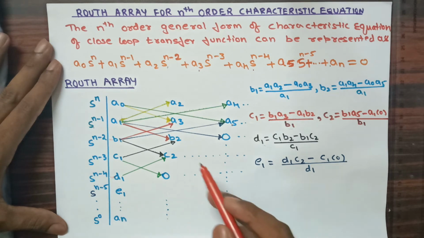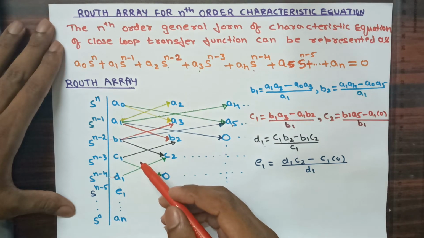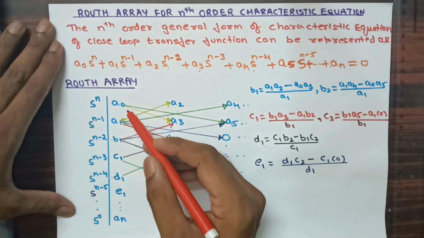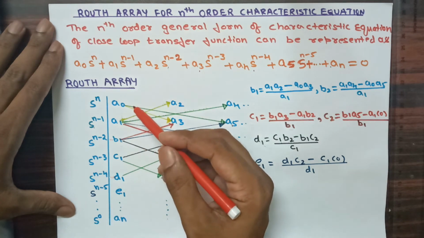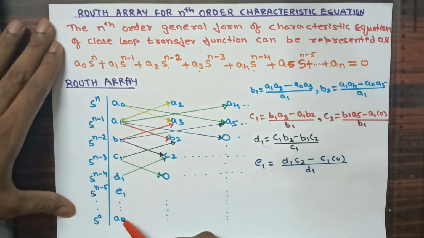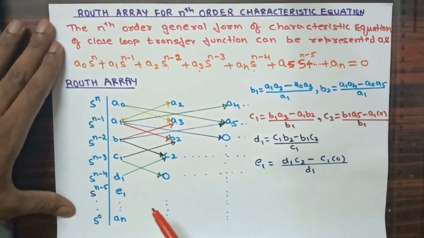Now after forming the array, we are going to determine the stability of the system from this array. For a system to be stable, the condition is that in the first column of the array all the coefficients should have the same sign. There should not be any sign change. If you find any sign change, then the system is said to be unstable.